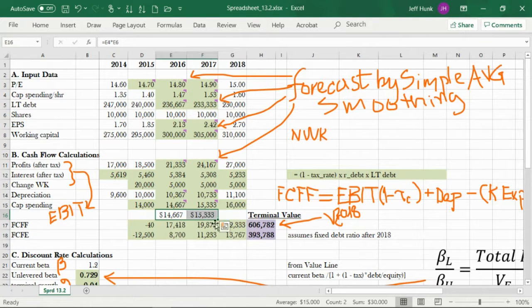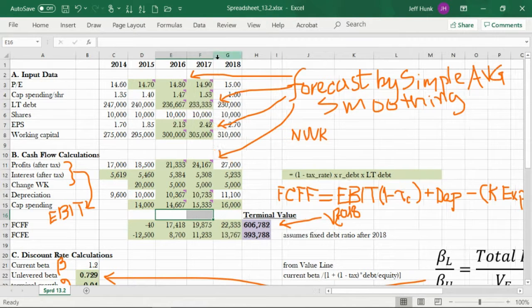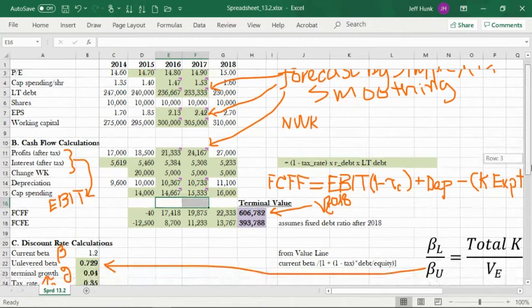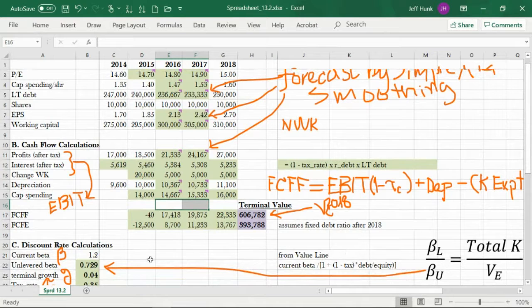We still get the same thing. So it's not that different, right? Either way, we would have got the same result. So we got all this data.